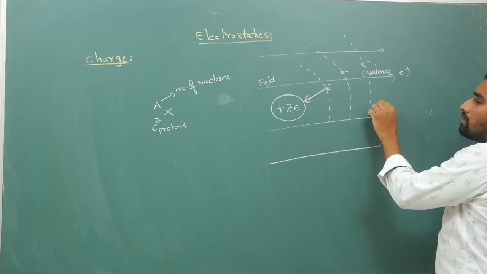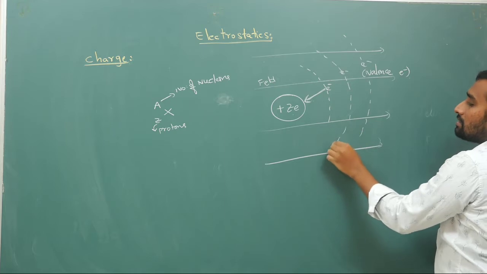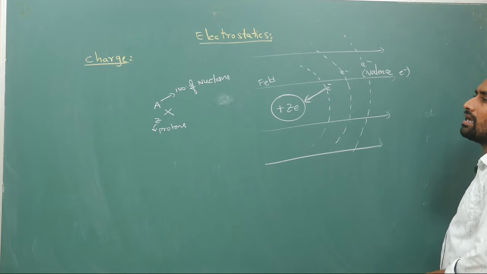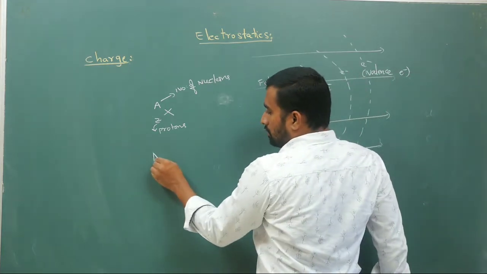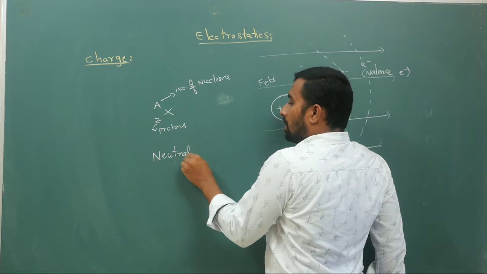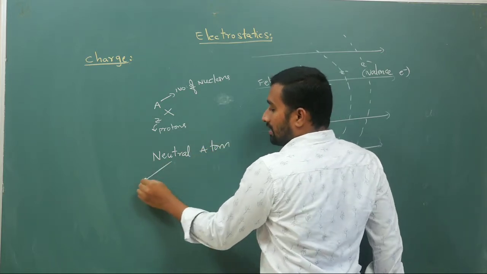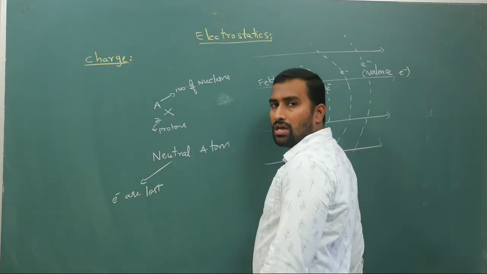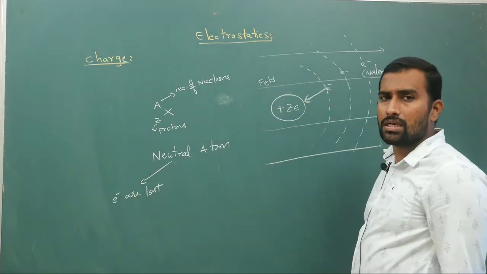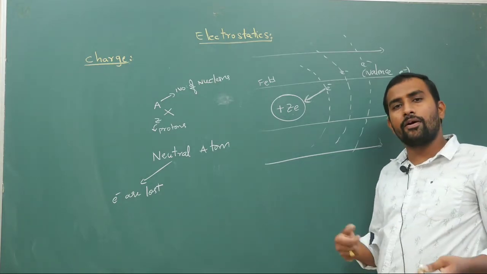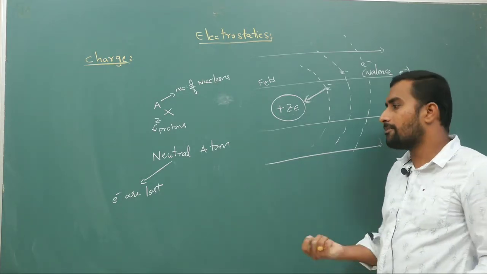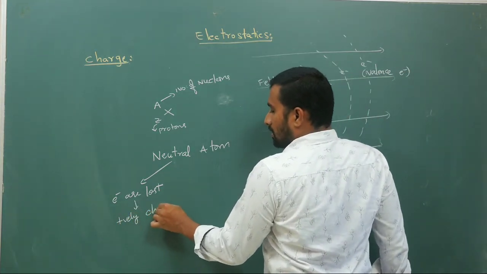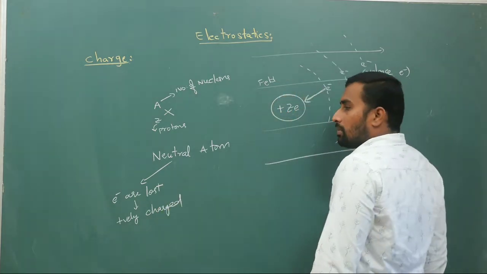In this neutral atom, the positive charge and negative charge are balanced. But if electrons are lost from this neutral atom, since electropositive elements have the tendency of losing electrons to gain stability, such bodies become positively charged. When electrons are lost, the body gets positively charged.